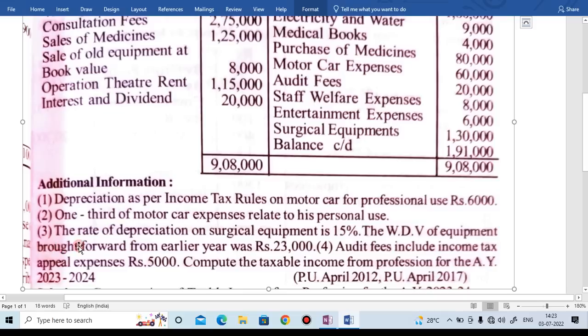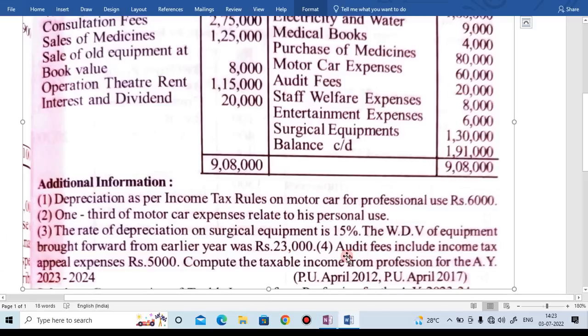Then next is the rate of depreciation on surgical equipment, which is 15%. The WDV, that means written down value, of equipment brought forward from the earlier year, that means carried down from the previous year to this year, was rupees 23,000.